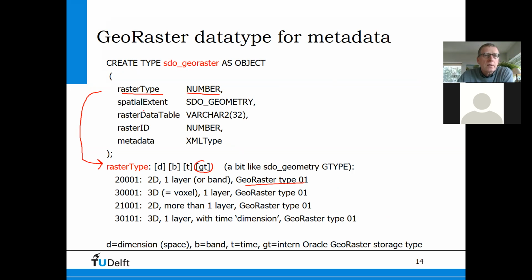Okay, the raster dataset has an extent, and that can be described as an SDO geometry, for example, the envelope or the bounding box, the minimal bounding box. The raster data itself is stored in another table, and that table name is stored in this attribute. So this was the extent. Every raster object has an identifier, and there is a metadata record, which is one attribute, but that can encode all metadata things that you would like to store of a raster in an XML encoding.